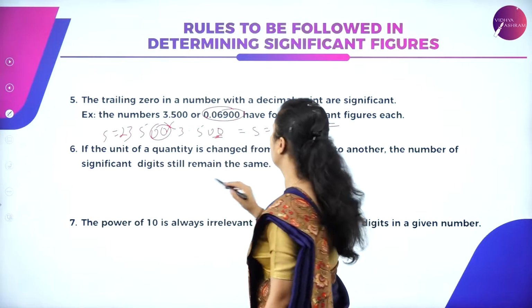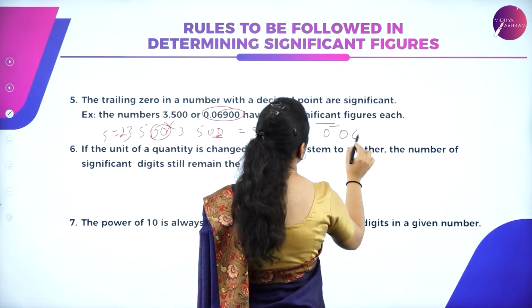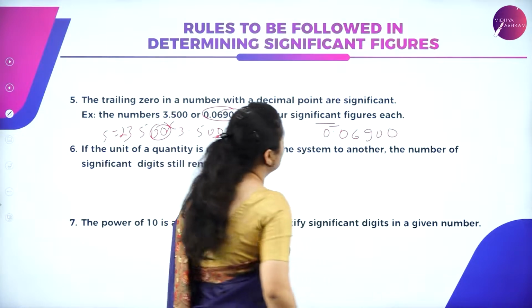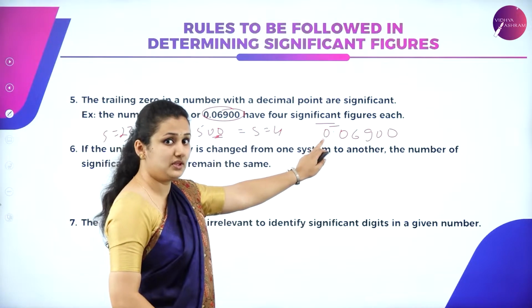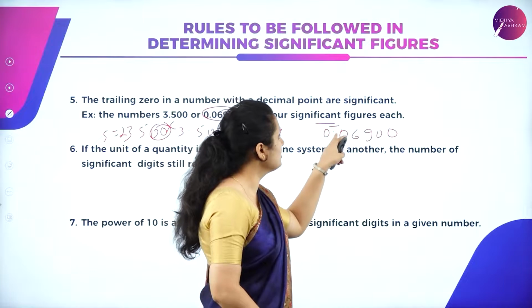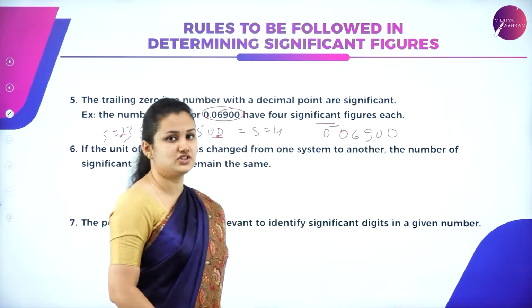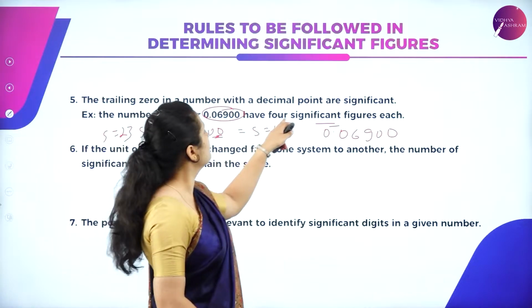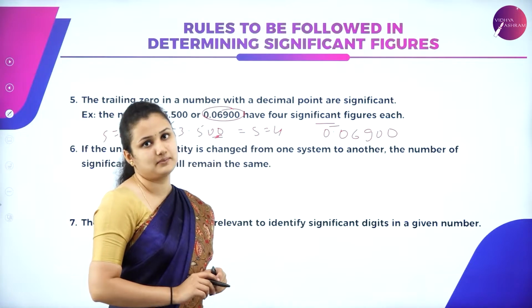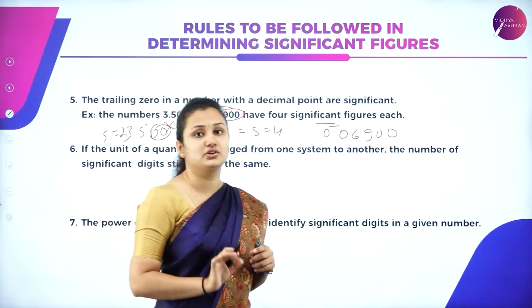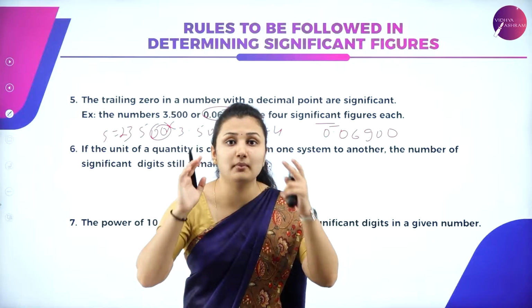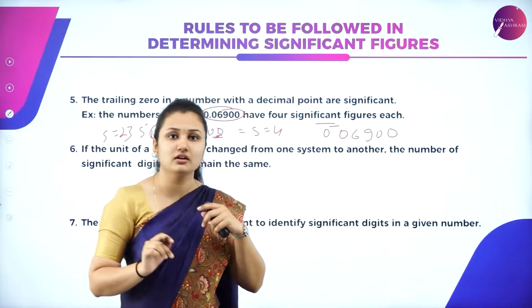Look at this one, 0.06900. There is a decimal point after the 0, and there are 1, 2, 3, 4, 5, 6 digits. But you are telling me that it has only 4 significant figures. How is that? That is why I said all the rules should be in your mind when you study significant figures.